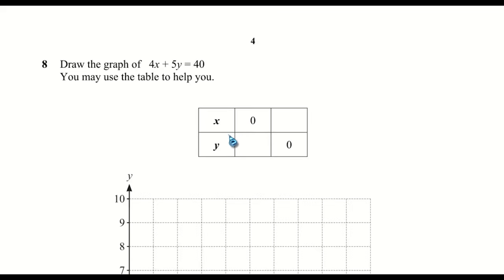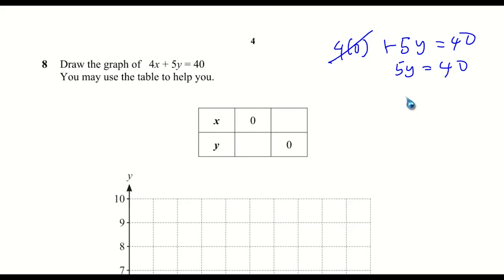If you want to use the table, when x equals 0, you need to find the value of y. So when x equals 0, you have 4 into 0 plus 5y equals 40. So this is 0. Then you have 5y equals 40. So divide both sides by 5, so y equals 8. So you put 8 here.